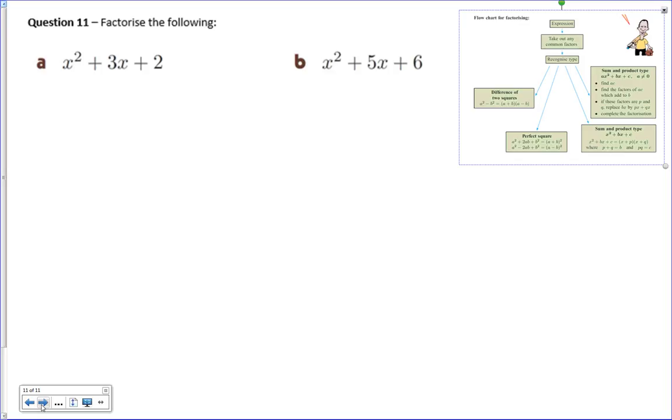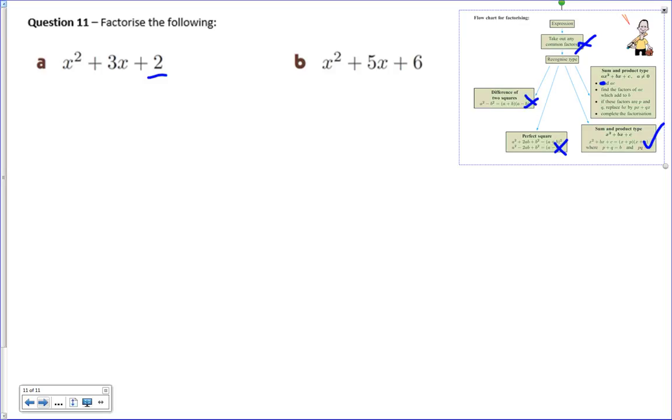Question 11. Fully factorise the following. Is there any common factors? No common factors. Is it a squared take b squared? No, it's not. It's not 2 terms. Is it a perfect square? No, that number there is not a square number, so it's not a perfect square. Is there a letter in front of the x squared? No, there's not.